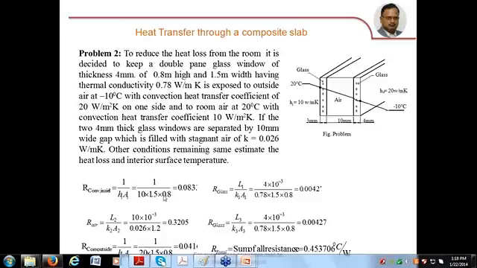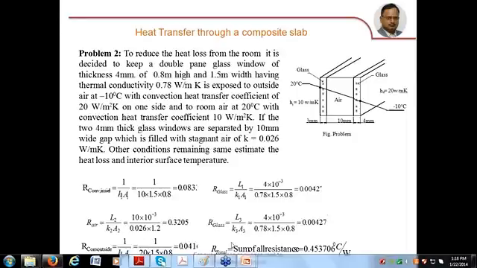So it is 1.5 into 0.8, which is 1.2. And again, the glass offers conduction resistance, which is given by L by kA. Please correct this, it is 4 mm as given in the problem. 4 into 10 power minus 3 by thermal conductivity 0.78, and the area of this glass is again 1.5 into 0.8.